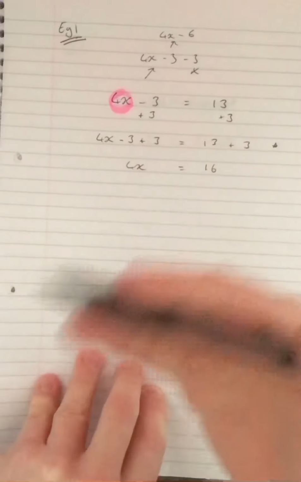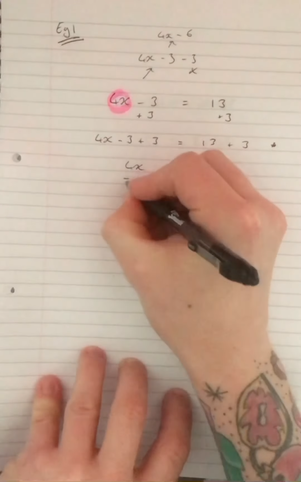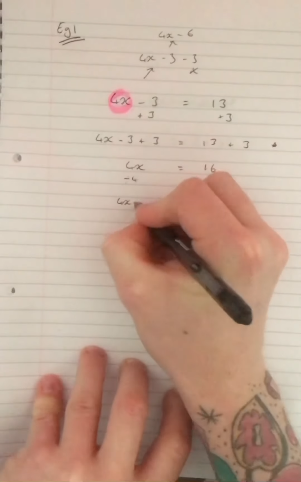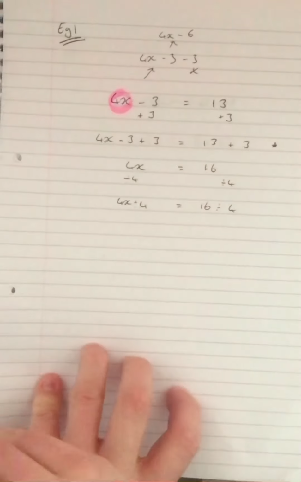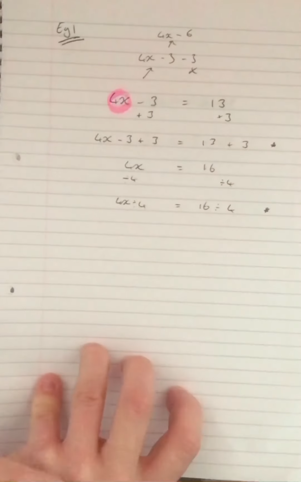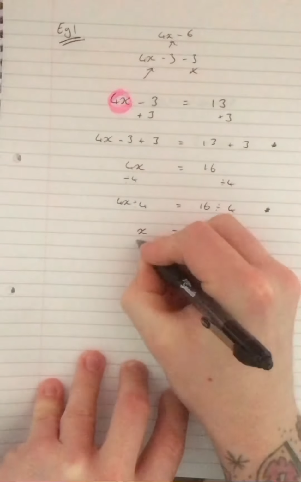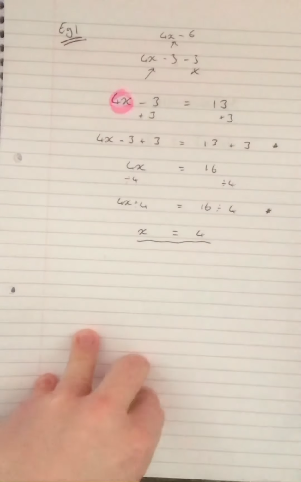We've got 4x, which is 4 times bigger than the amount of x that we want, so we're going to divide it by 4. 4x divided by 4 is equal to 16 divided by 4. We do the same thing to both sides. Again, this is a line of working that's not necessary. X is equal to 4. And we're done.